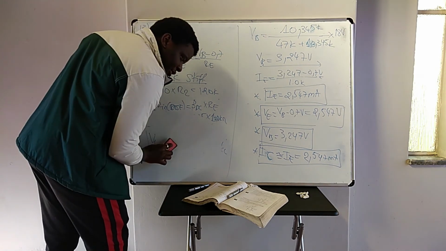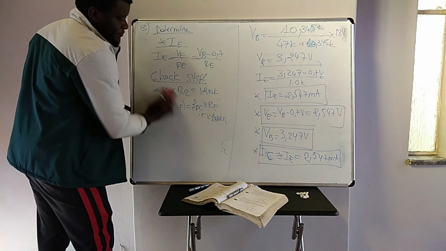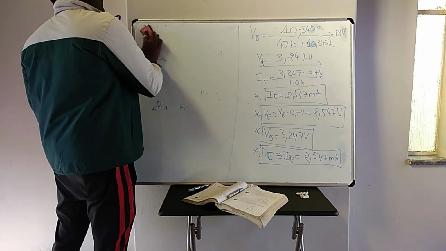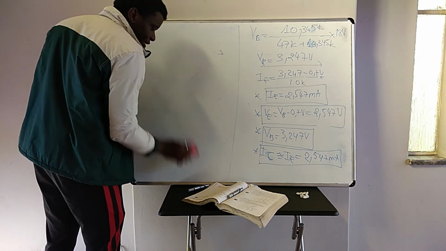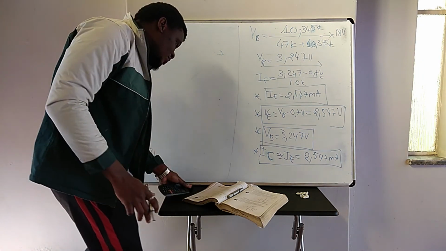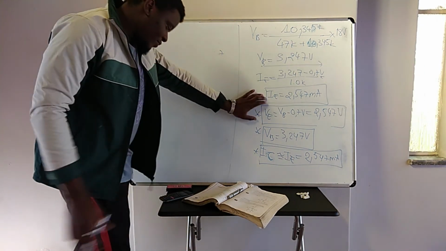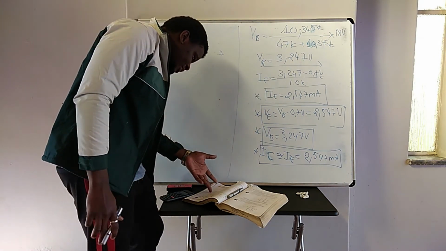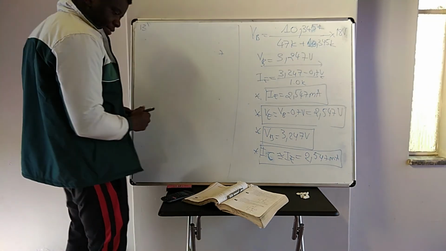So now they say what? Calculate VC. See the question, VC. That's even the time I solved question number 8, you can solve this question. Question number 8 is almost like question number 13.